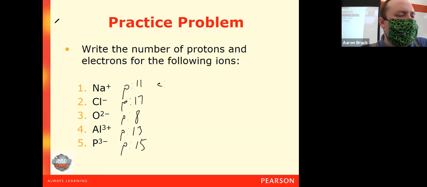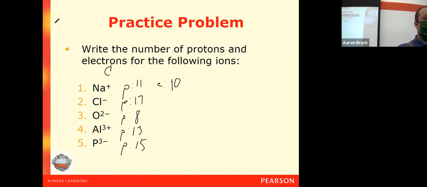What about electrons? How many electrons in sodium plus 1? This is where that equation comes in. It'd be 10. Remember, charge is equal to protons minus electrons.